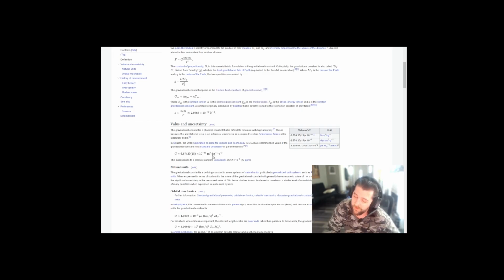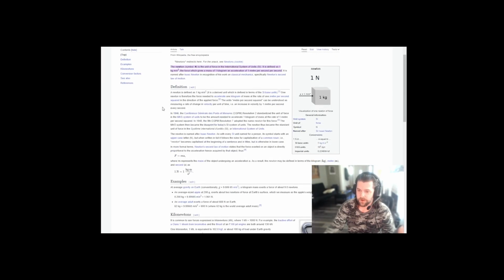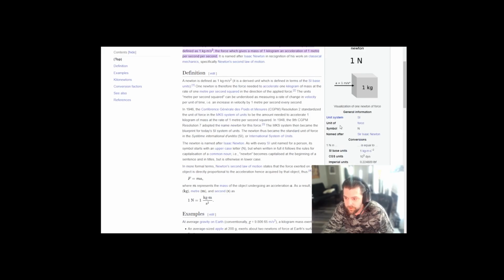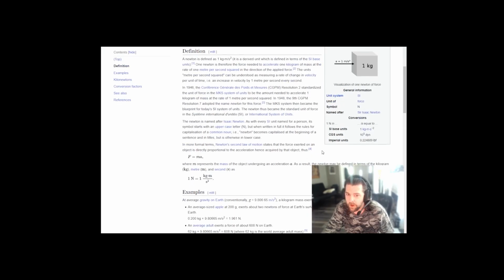Now, this is almost meter squared times a Newton. If we look at the definition of a Newton, here we go, if I can make this a little bit bigger for you. Right here we have kilogram times meter divided by s squared is a Newton.